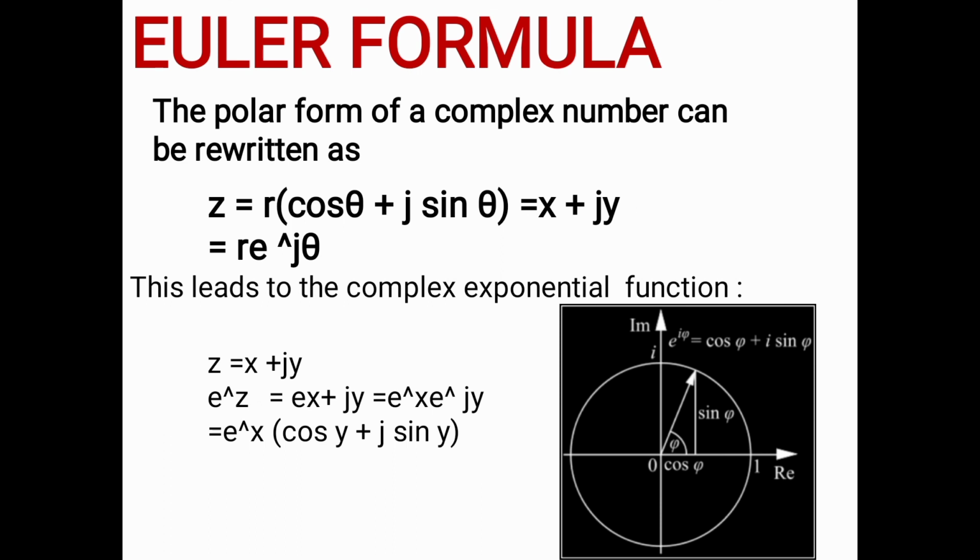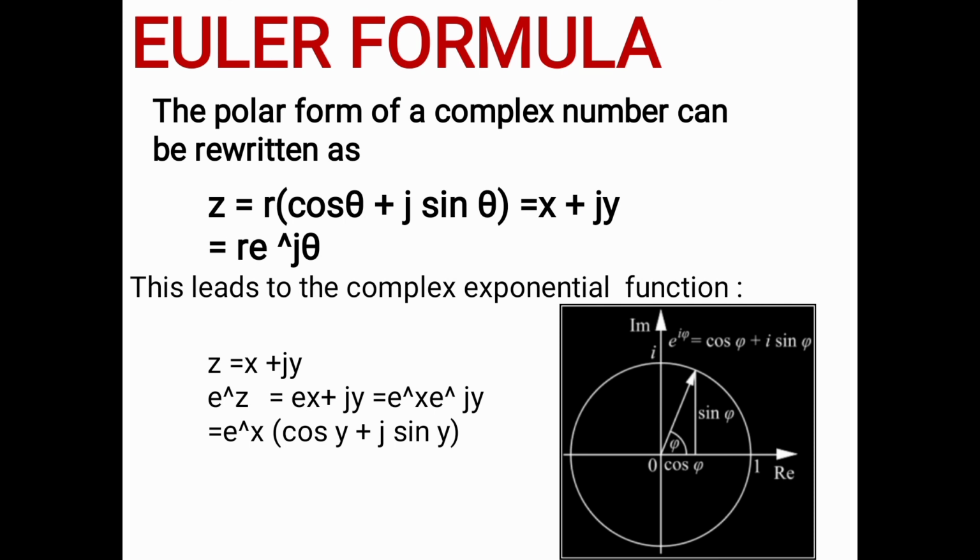Hence z equals r cos theta plus j sin theta, that is x plus iy. Now z equals r e to the power j theta.